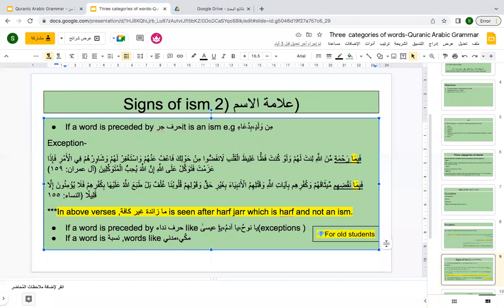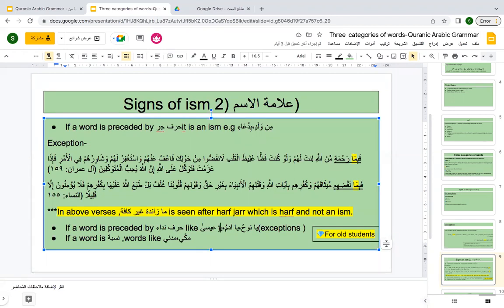For example, bima, B is harf jar. It's a particle that is in 99% of cases followed by an ism, but rarely it will not be. When it is not, in those 2 or 3 cases in the Quran, there is a word that comes after them, which is ma zaida, and it is not an ism, it is a harf in this case.